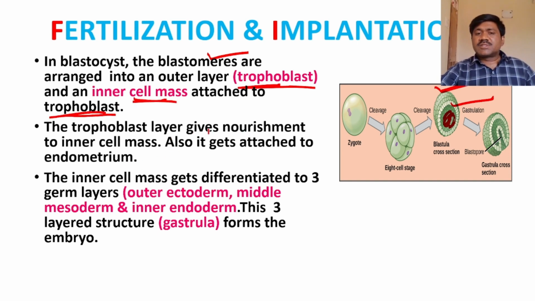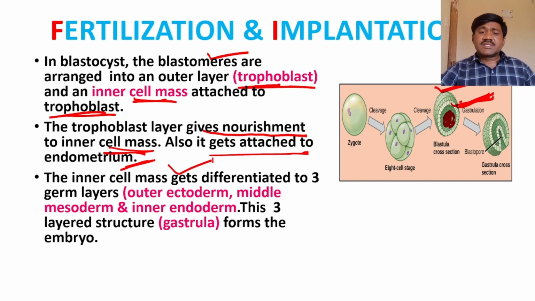The trophoblast layer nourishes the inner cell mass, and it also helps to attach to the endometrium layer in the uterus region.